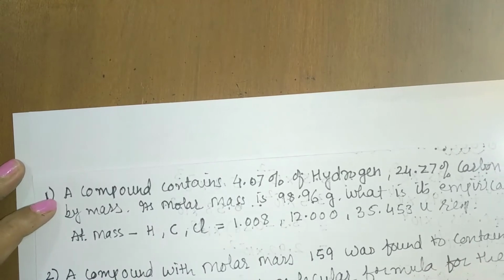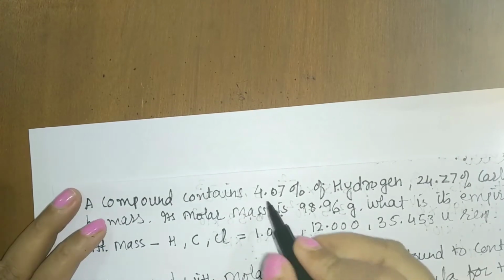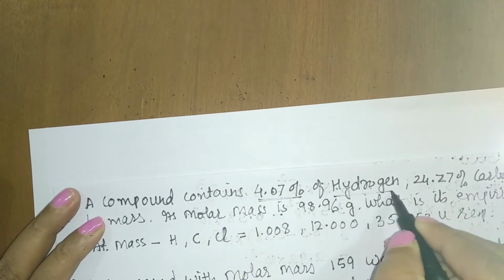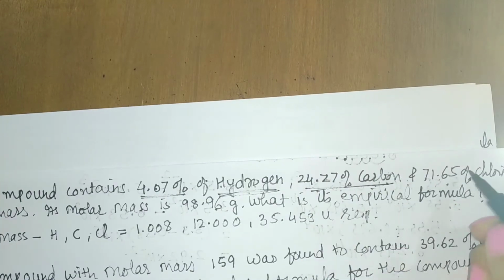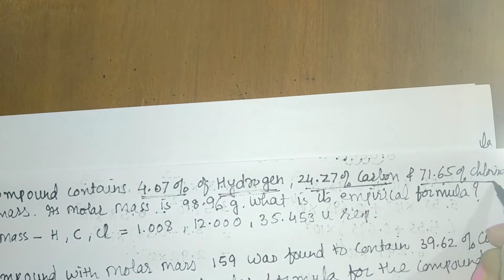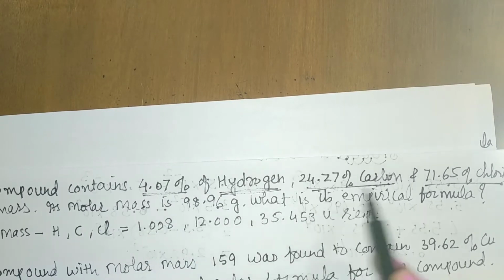Here are few problems we'll be solving. Let us go through the first problem. A compound contains 4.07% of hydrogen, 24.27% of carbon and 71.65% of chlorine. Students, whenever you solve this type of problem, the possibility that oxygen is present in the particular formula is maximum, and therefore always make a total of all the percents.